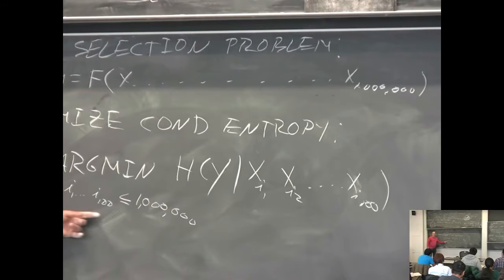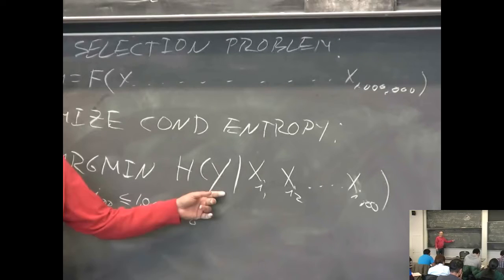In other words, choose 100 indices between 1 and 1,000,000. Choose the 100 features that you want to include that would give you the lowest entropy.